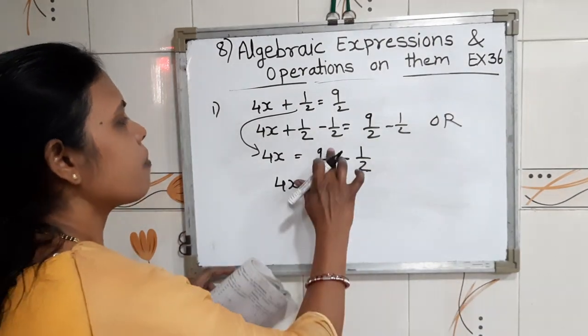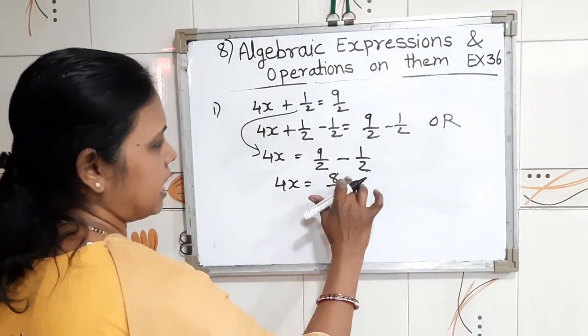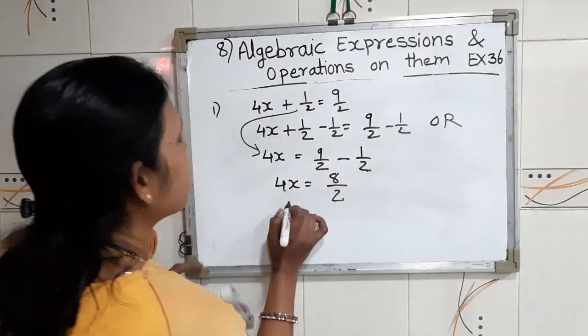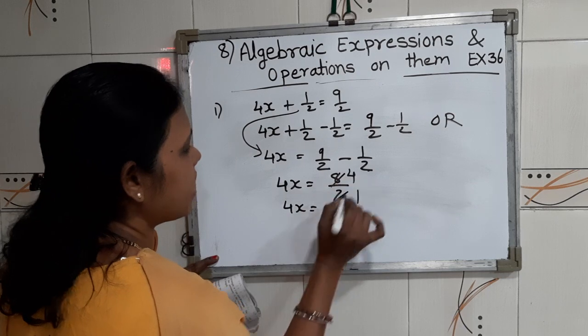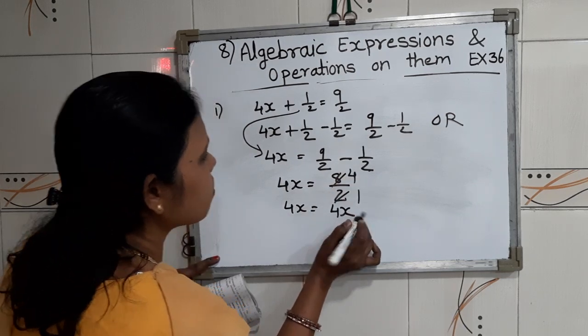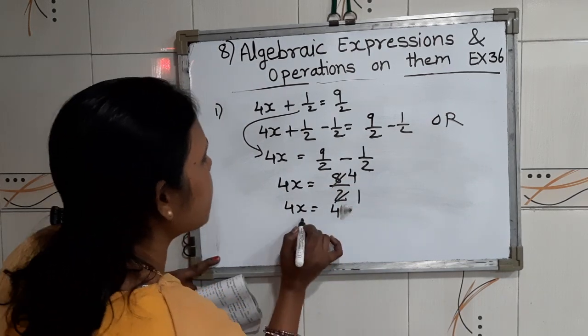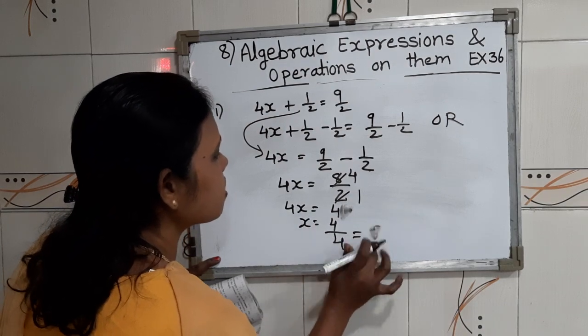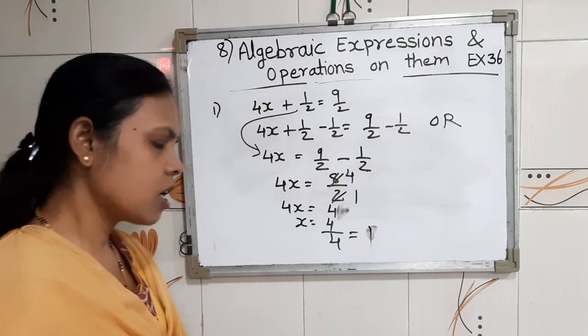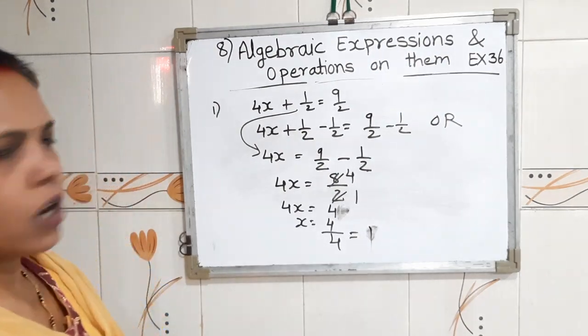Therefore we subtracted 9 minus 1, 8, and 2. After that 4x equal to 2 fours are 8. Your answer is 4. Then x equal to 4 upon 4. Answer is 1. Therefore the value of x is 1.